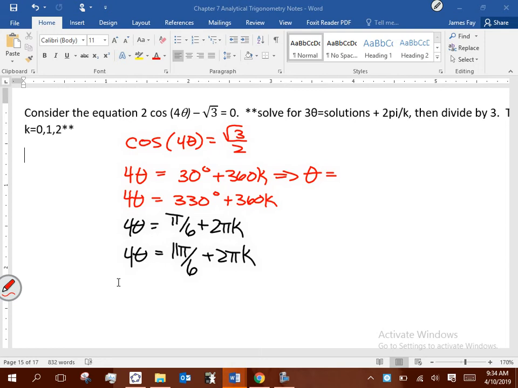So theta is going to be, now this is what kind of stinks with the degrees, is 30 divided by 4, right? It's not a really nice number, correct? Okay. What's it give you? So 7.5 degrees plus then, okay, so 360 divided by 4 would be 90, right? So 90k.